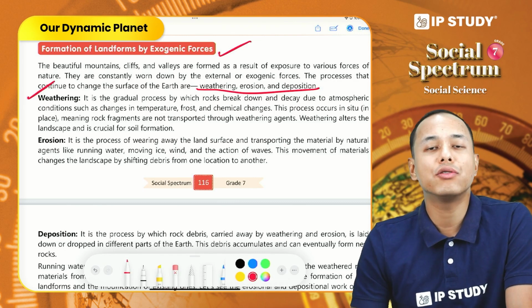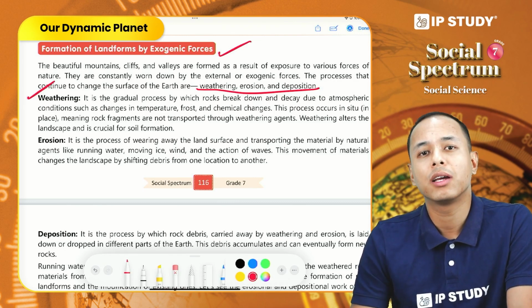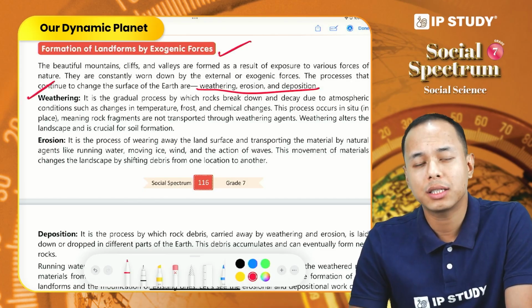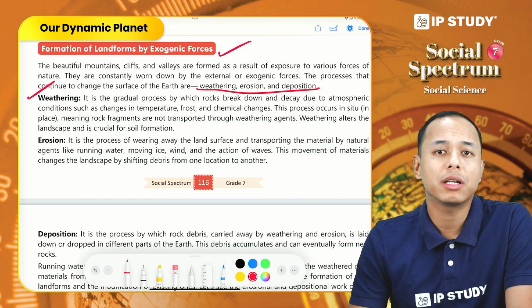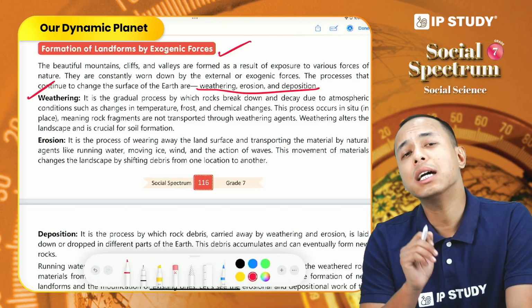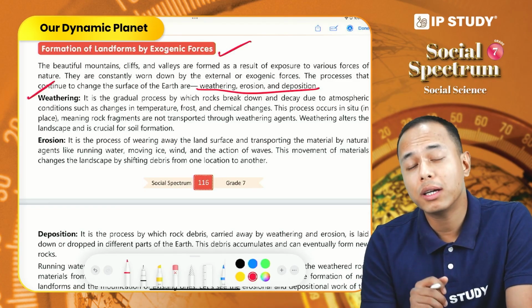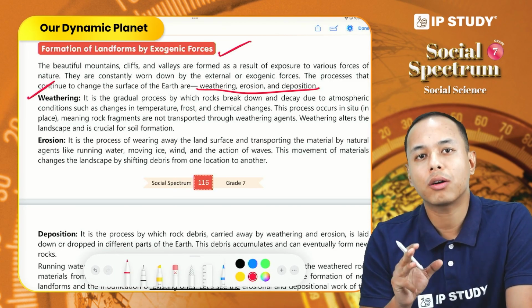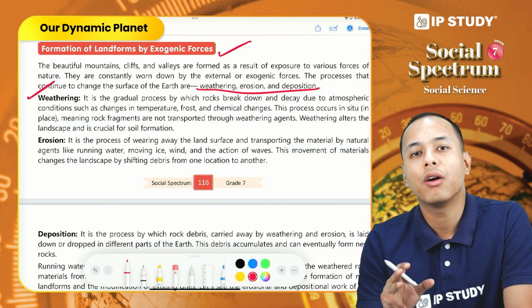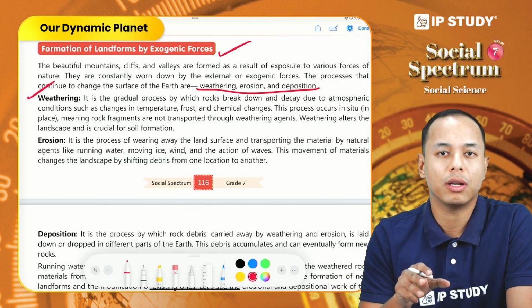It is a gradual process in which rocks break down and decay due to atmospheric conditions such as change in temperature, frost or chemical change. This is an in situ process. And what does in situ mean? It means that the weathered rock particles are not transported from one place to another. They remain there only.